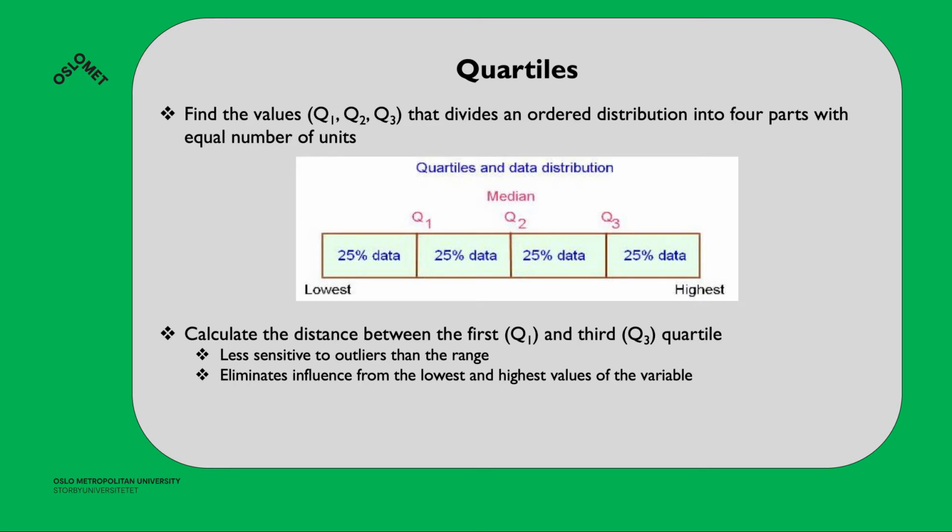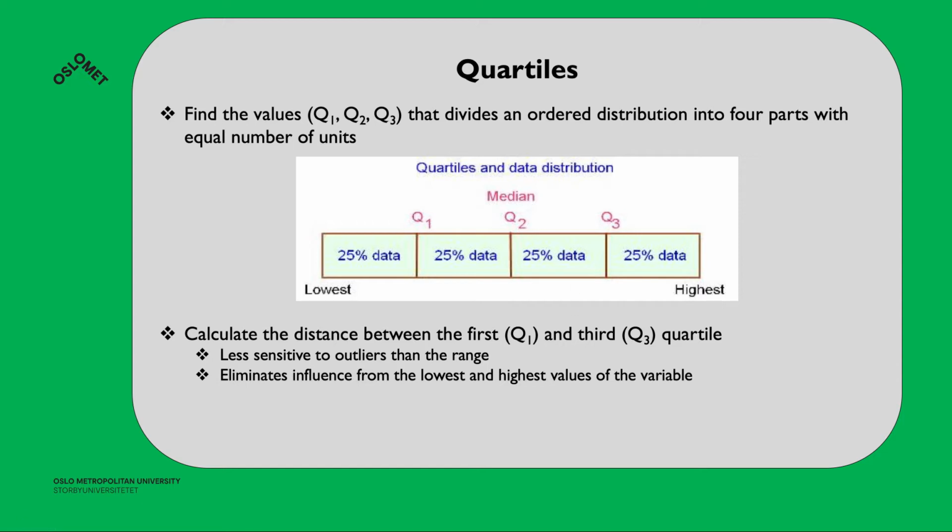If you find the quartiles, the values that divide an ordered distribution into 4 parts with an equal number of units, you can calculate the difference between the first quartile and the third quartile. So you exclude the 25% lowest and the 25% highest values, and you just take the difference between the 50% in the middle.